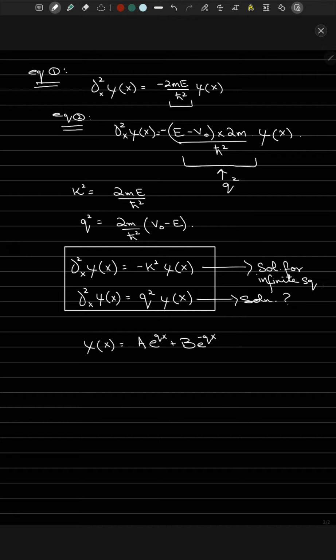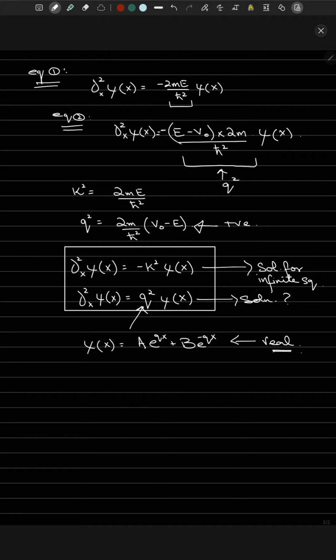Well, you'd note over here that I have written the real exponential solution instead of the complex one, and that's because the constant q over here is, you can see, positive. So that's why this solution is basically real and not imaginary, right?